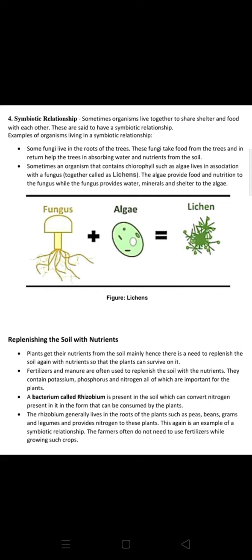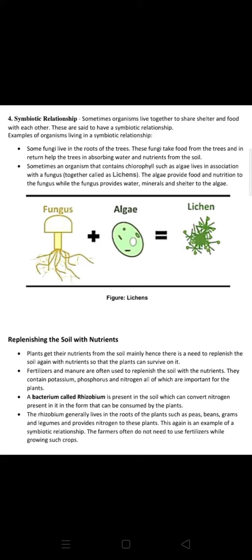Like in the symbiotic relationship of lichens, there are two types of organisms, algae and fungi. Algae provides nutrients to the fungus, and fungus provides water and minerals to the algae to carry out photosynthesis.